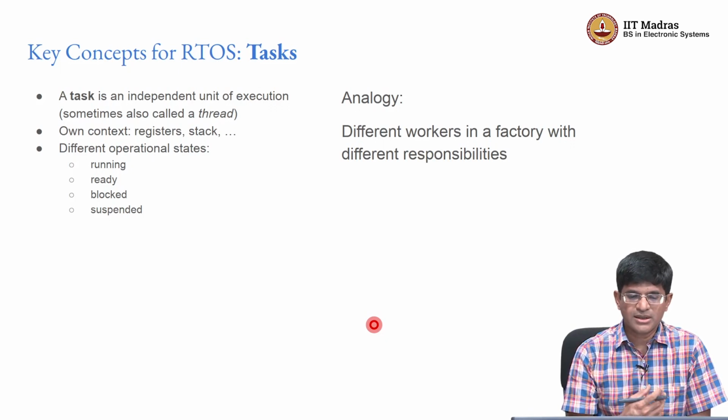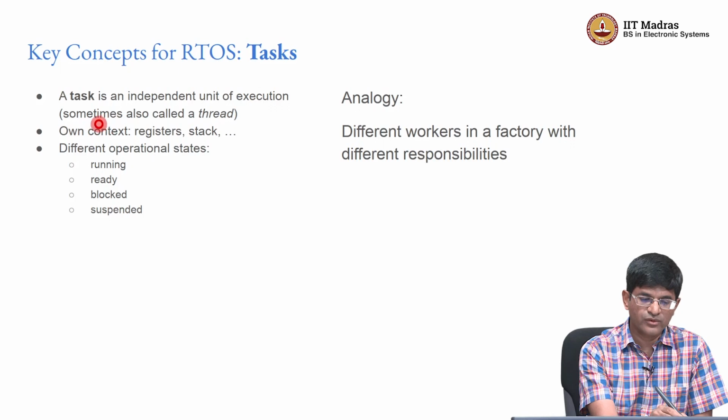It turns out that, as we will see with examples later, what we finally want is the ability to call any one of those functions corresponding to a task in different orders at different points in time, so that overall these tasks can combine with each other in order to solve a larger problem. Now, just as each function has its own register space as well as the stack memory associated with it, each task in a system also has its own state, its own registers, its own stack memory.